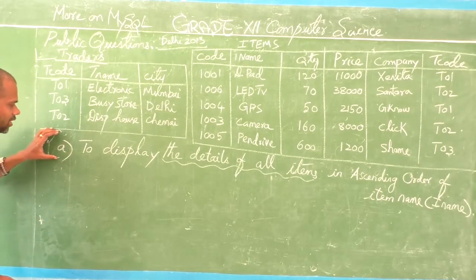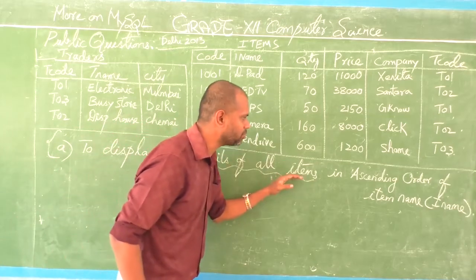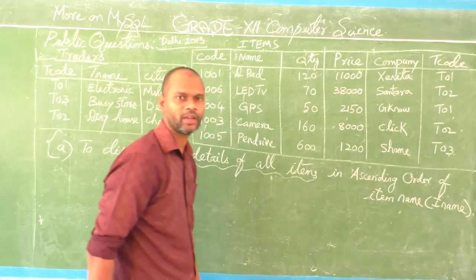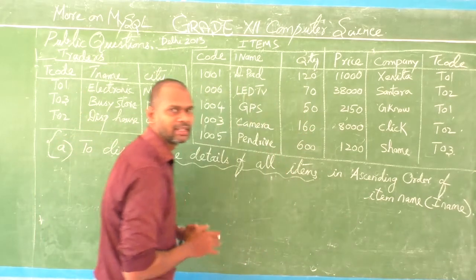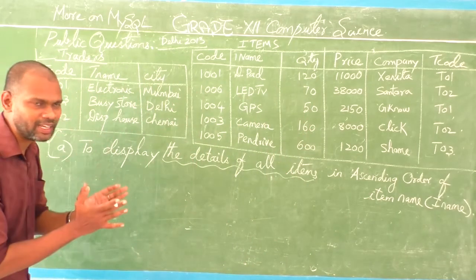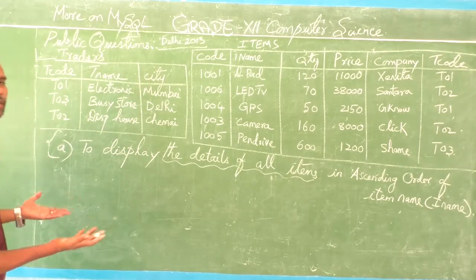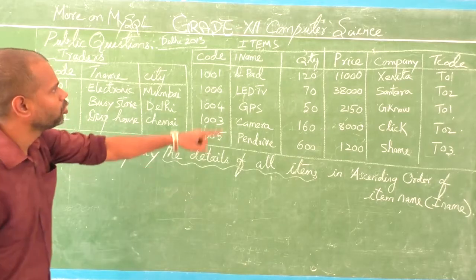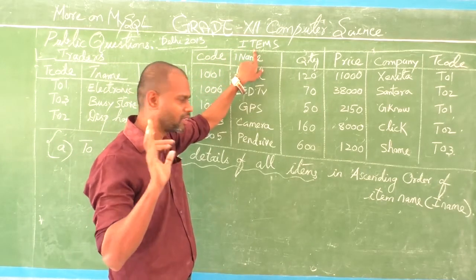What is the first question? To display the details of all the items in ascending order of item name. This question is regarding items, so you have to see the items table alone.